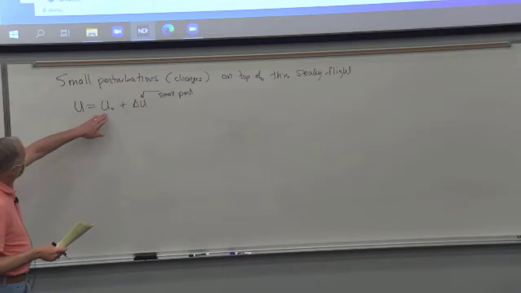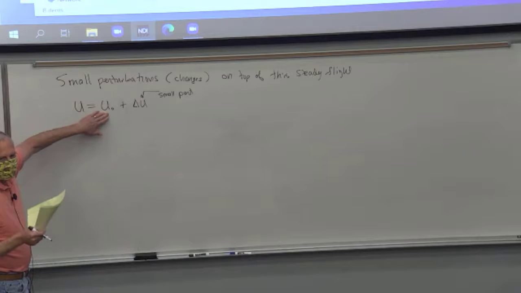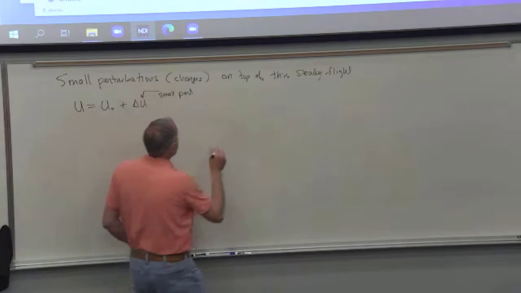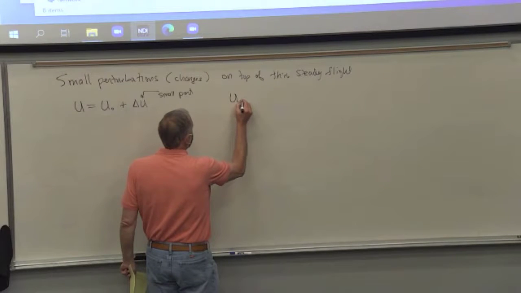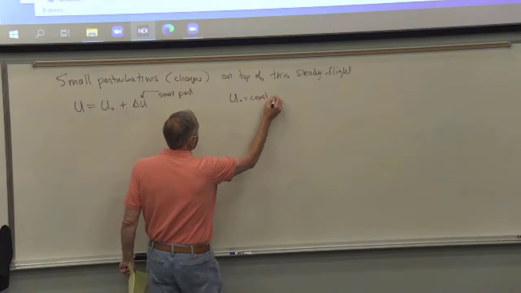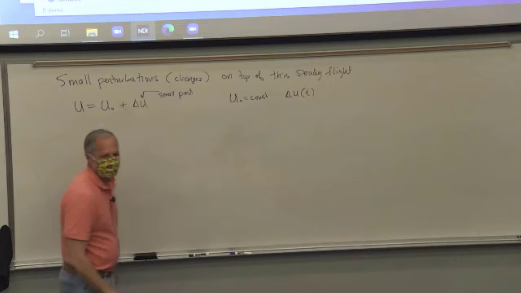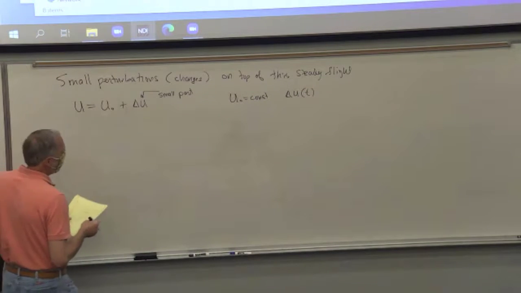So U0 is not a function of time, it's just 150 knots. This is a function of time. So U0 is a constant. Delta U is a function of time. And there's where we're going to get our dynamics.